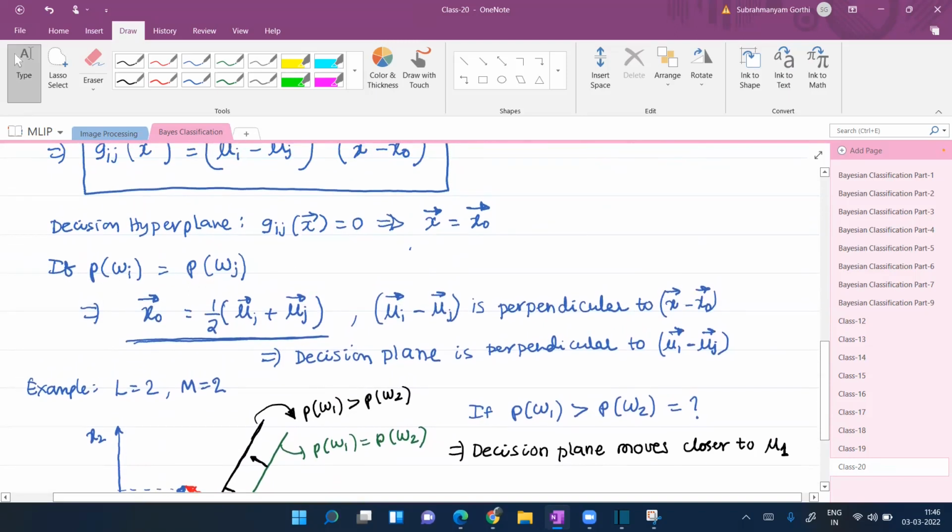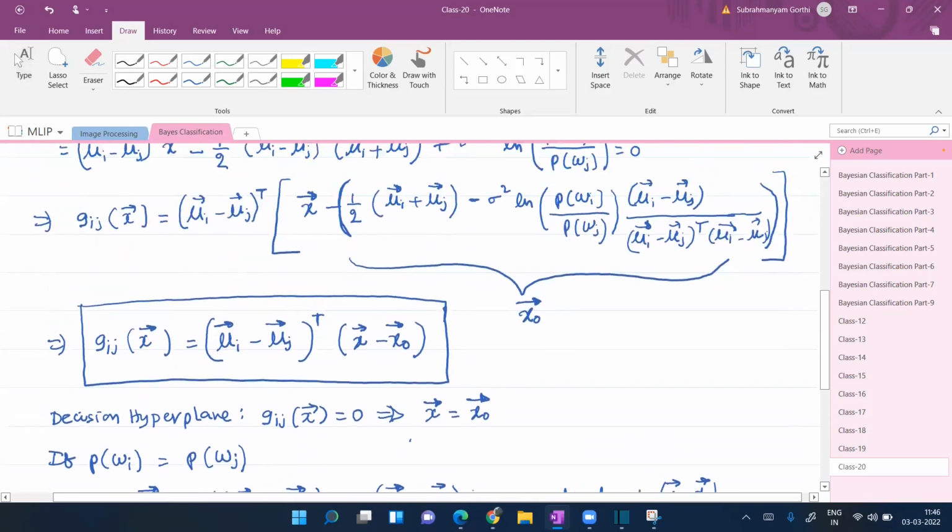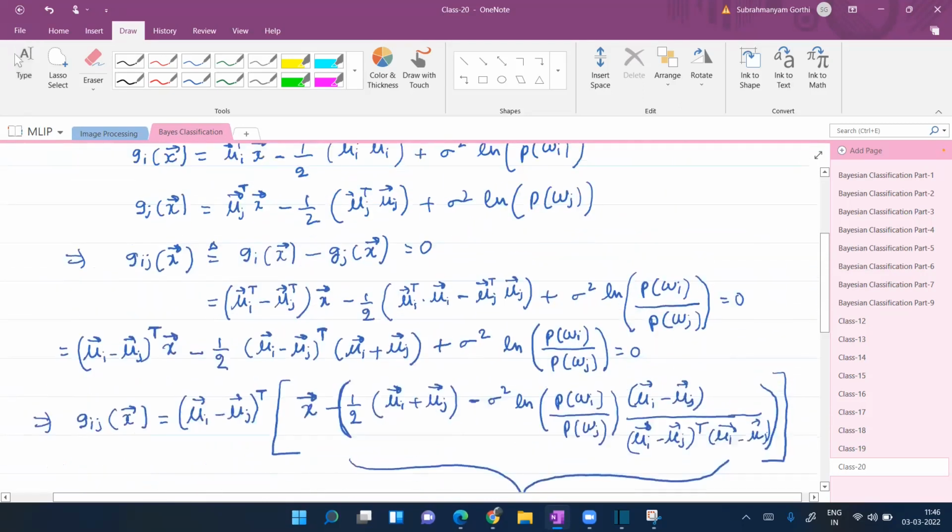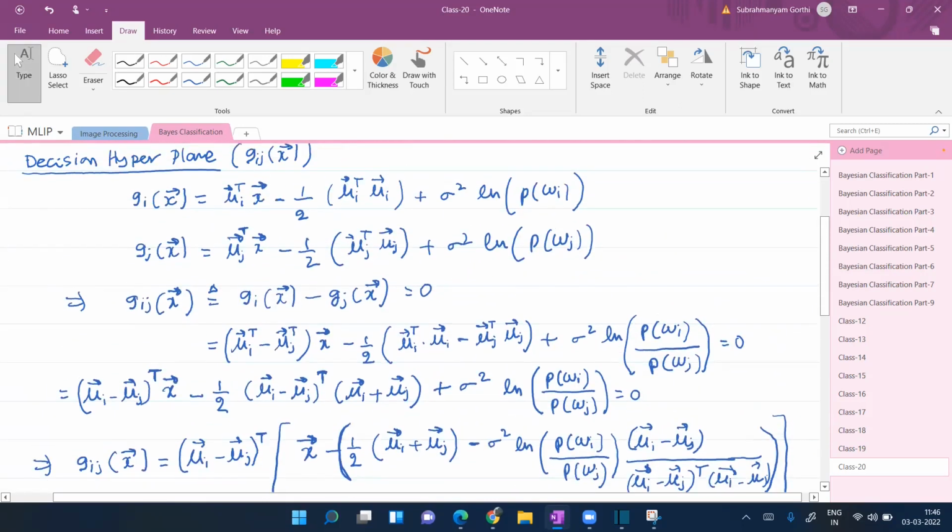I also assumed that these feature vectors are statistically independent. In other words, the off-diagonal elements are zero. We'll make a derivation now for a case where we have non-diagonal covariance matrices. But before that, I just want to ensure that all of you are clear with all those things that have been discussed so far. Is that fine?